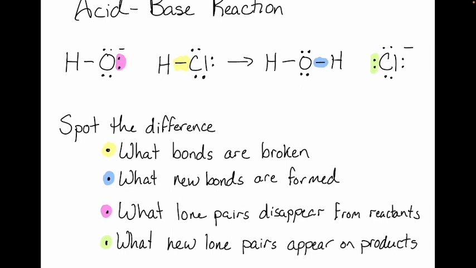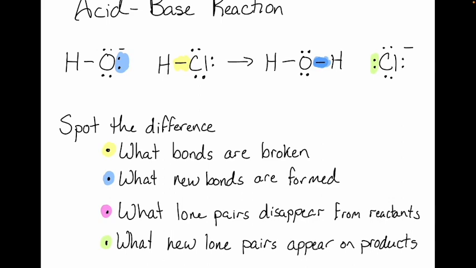And then I have this new bond between oxygen and hydrogen on the product side. Well, it turns out that those are the same electrons. These 2 electrons that were in that lone pair in my hydroxide ion, they now become my new hydrogen-oxygen bond. That bond had to come from somewhere. It's made of electrons. Those electrons were originally sitting on that hydroxide ion.